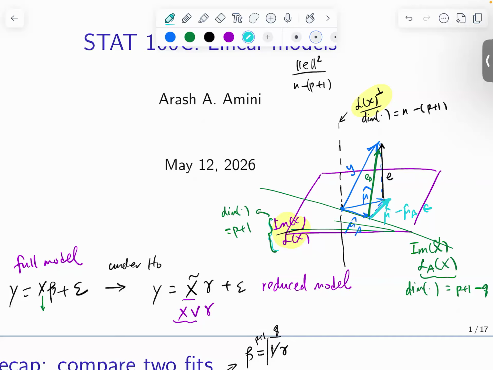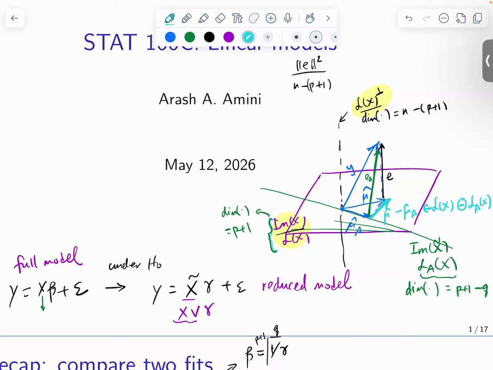There was a fancy symbol that they use. So this lives in LX minus LAX. So this is the relative orthogonal complement of LAX with respect to LX.